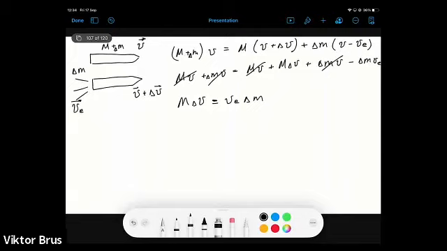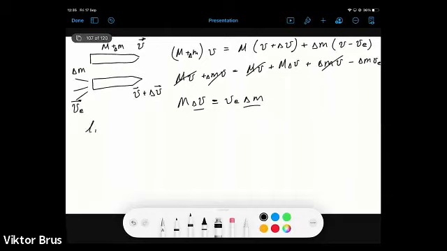Okay, so that is clear. From both sides we have linear momentum. Just here is change of velocity and here is change of mass, because velocity of exhaust gases is constant.